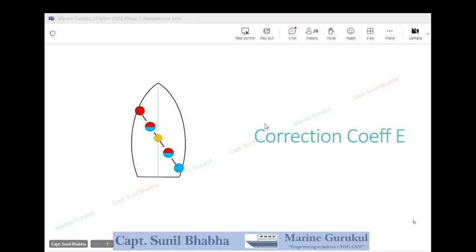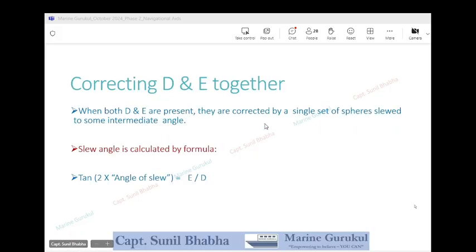Great. Yes. Now, in case on a particular ship, coefficient delta and coefficient epsilon, both these coefficients are present together. When both are present, they can be corrected by using a single set of spheres.